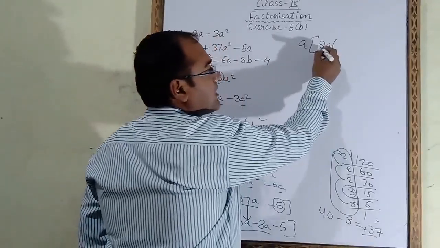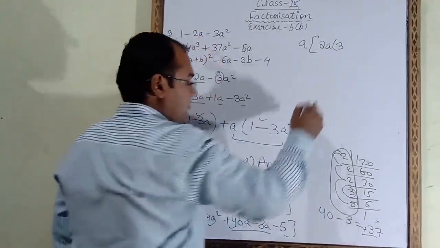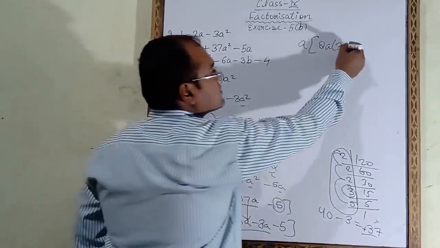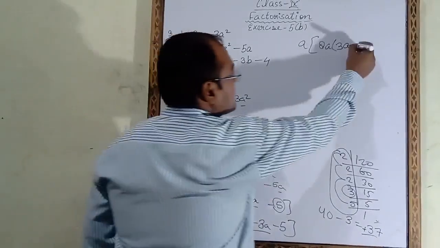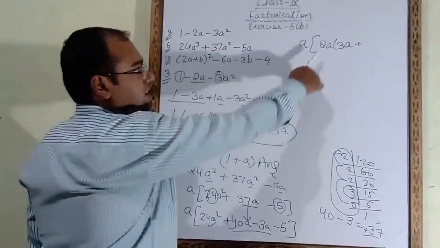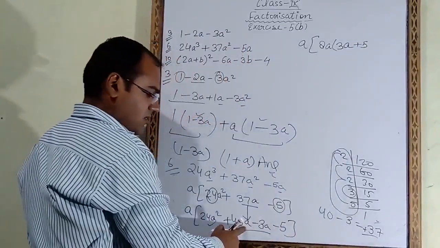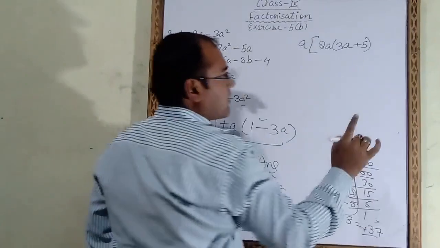After taking 8a common, 8 threes are 24, so in the bracket you have to write 3a. But how much we have taken common? We have taken only a common, so 1a is still there. Plus from 40 we have taken 8 common, so 8 fives are 40. A with 40a is also written, but a we have taken common, so no need to write again.